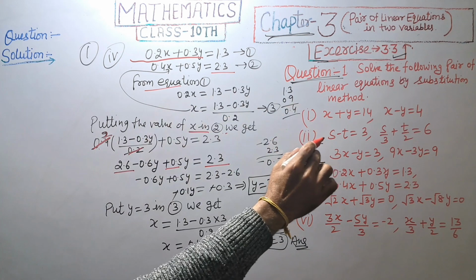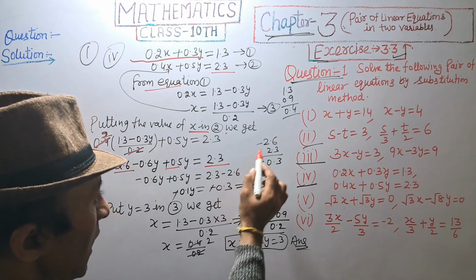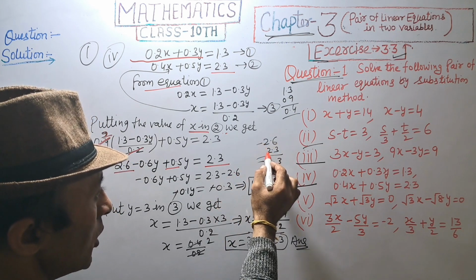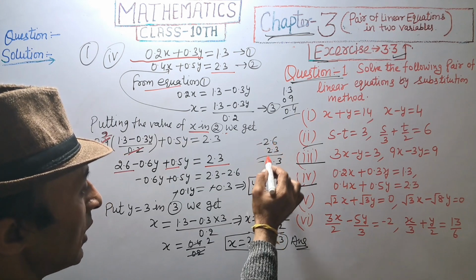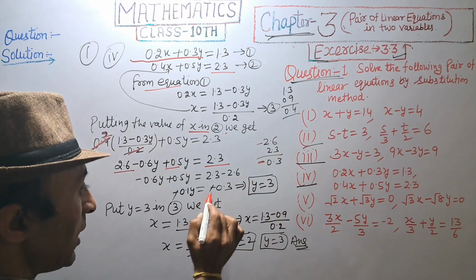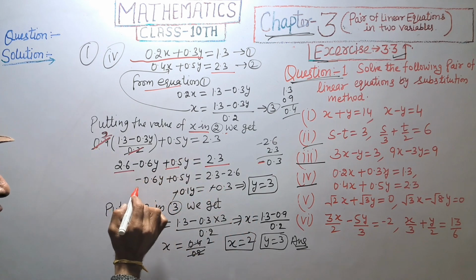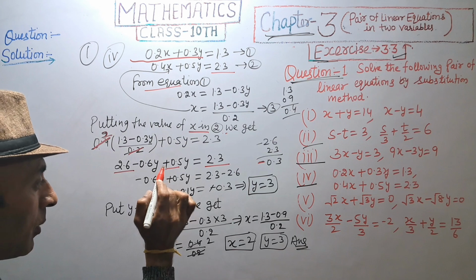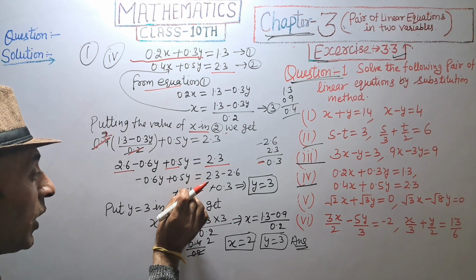We are shifting 2.6 to the right side, and that will be negative 2.6, and 2.6 minus 2.3 is 0.3. 2.6 is greater, so we get negative 0.3 on the right side, and on the left side minus 0.6y plus 0.5y will be minus 0.1y.